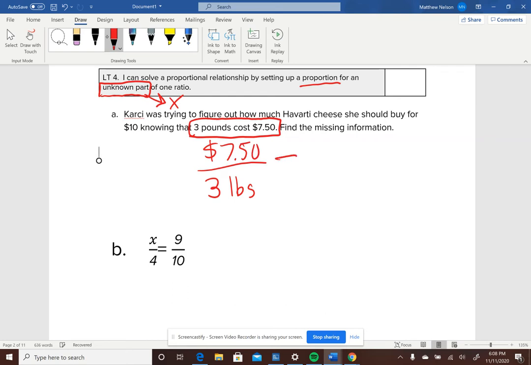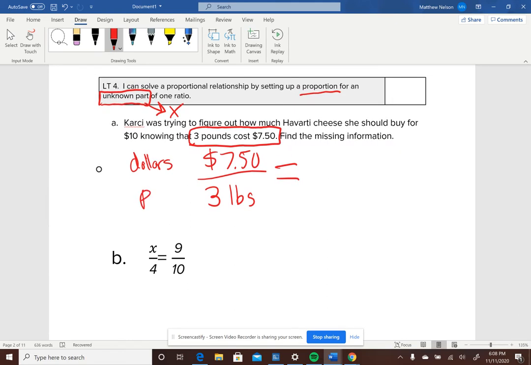And so when I write a proportion or a ratio that is proportionate to it, I have to make sure that I'm going to do the dollars on top. All right, so the top is going to be my money, and the bottom is going to be my pounds. I have to stay consistent here.